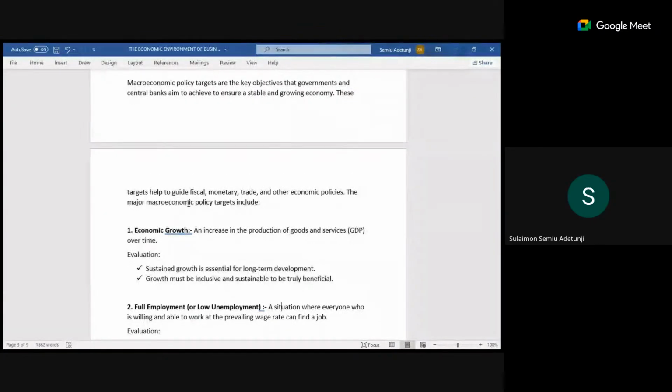So you look at the sustainability of the growth. If the growth is sustainable enough, fine. If the growth is not sustainable, then you look for something that is sustainable. Majorly, what you look for in every economic growth is the sustainability of that growth.